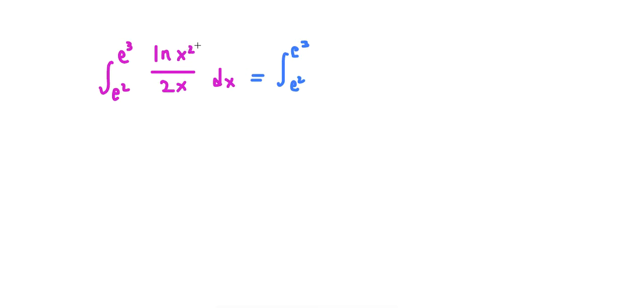Okay, so this 2 comes down, and we have 2 times the natural log of x, using our power rule, all over 2x dx. Okay, so that's really nice because now these 2's cancel out.